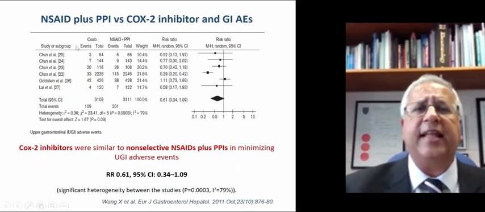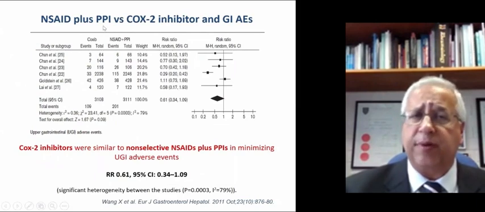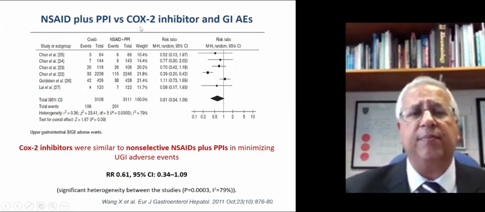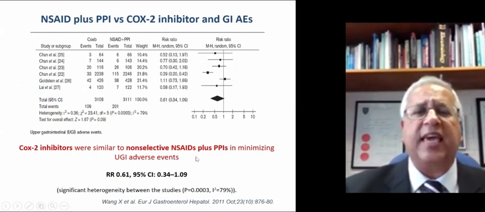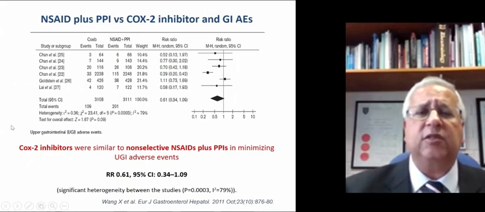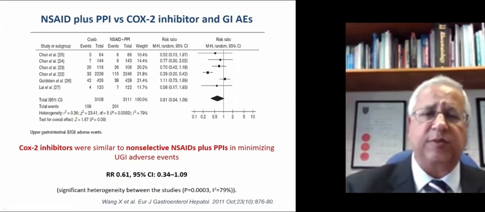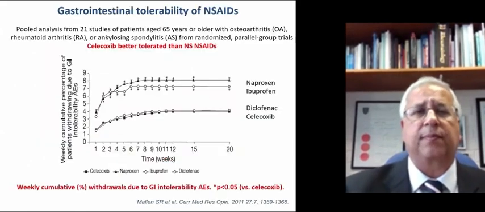When we combine an NSAID with a PPI, a proton pump inhibitor, omeprazole, lansoprazole, etc., and compare that with a COX-2 inhibitor, we see that we get pretty similar alterations in upper GI toxicity. So combining with the PPI leads to approximately the same improvement in GI toxicity as a COX-2 selective inhibitor gives you.